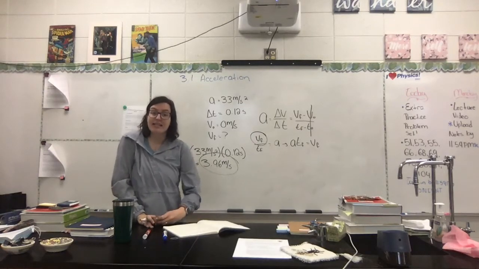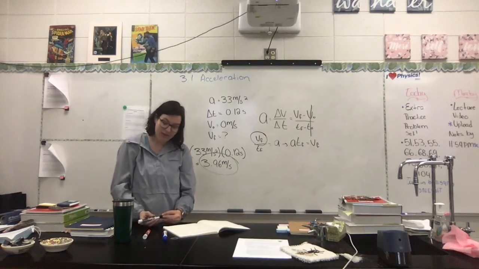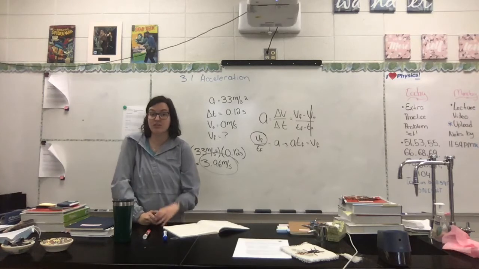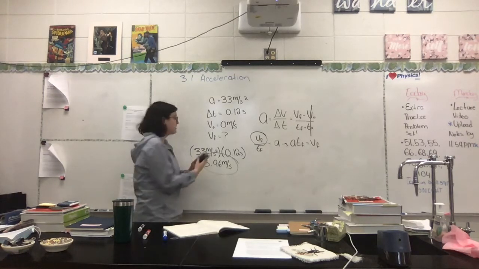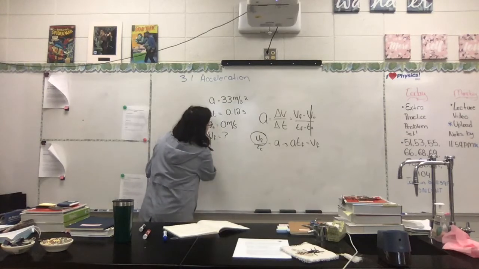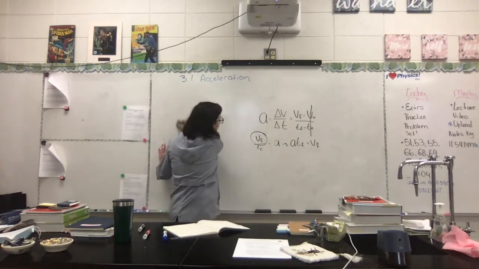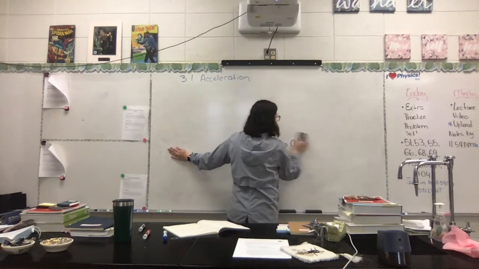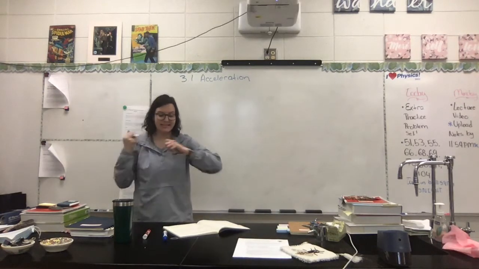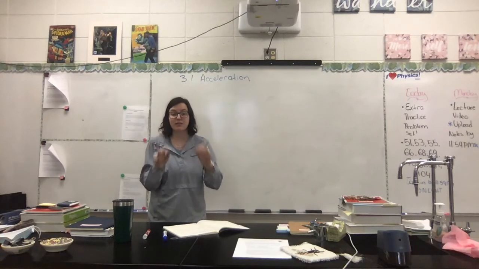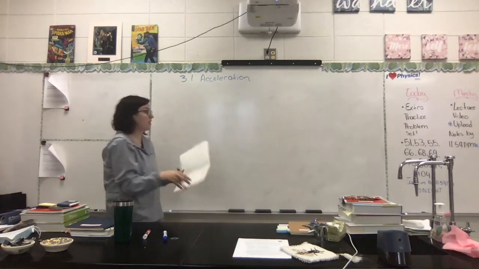All right, now we're going to talk about how acceleration can be determined graphically, so with a graph. Because remember, we found velocity from a position graph, didn't we? We said that velocity is the slope of a position graph. So, interestingly enough, acceleration is the slope of a velocity graph.